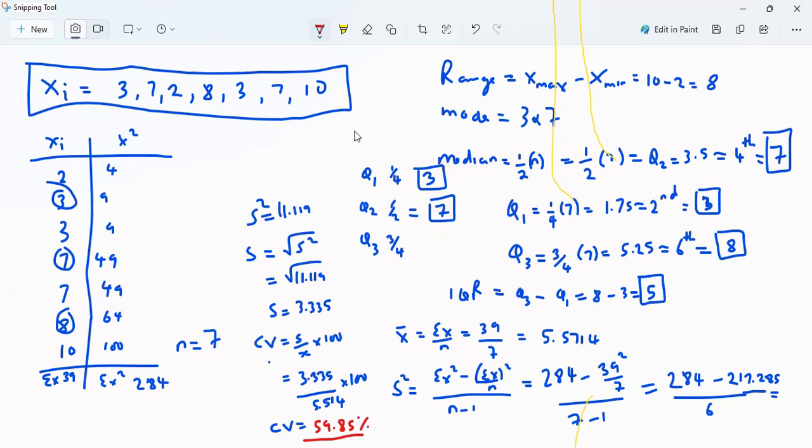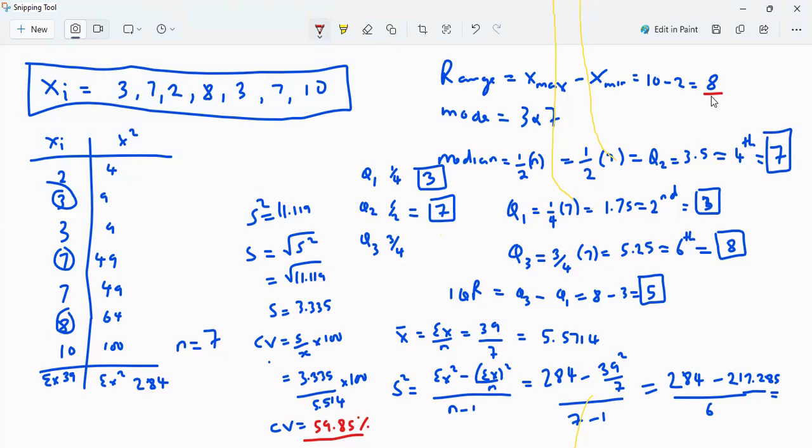Let's go to the range. How do you define the range? The difference between the highest number minus the smallest number. So 10 minus 2 is 8.